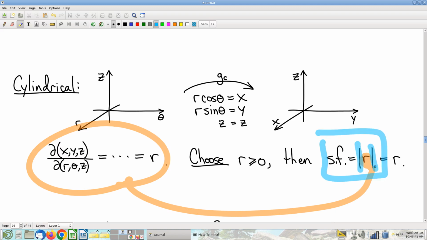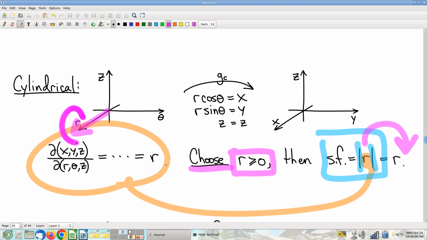Again, we don't like that. Again, we'd like to avoid. What can I do to make those absolute values go away? Well, I'm going to choose, now that I have the motivation to do so, I'm going to choose r to be positive so that the absolute values will go away. And so we have to restrict ourselves then just to positive, never negative, just positive values of r, so that our stretching factor formula will be nice.